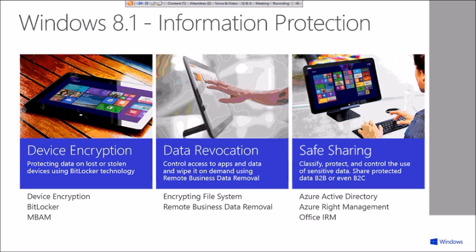So Azure Active Directory, Office IRM, Azure Rights Management. So this is really all the Azure part based on the cloud solution or our cloud first strategy, Office IRM, to make sure that the emails you're sending out, for example, are really just reaching the person you intended to send them to, and that he cannot, for example, forward the email, or do a reply all when he shouldn't, and so on.